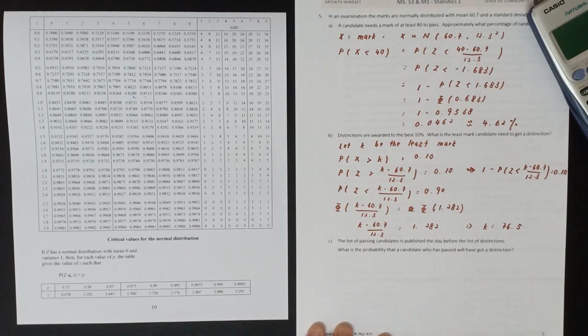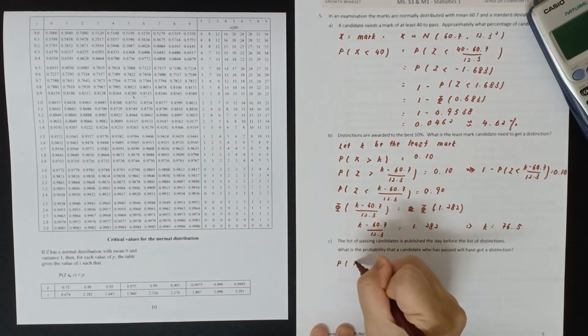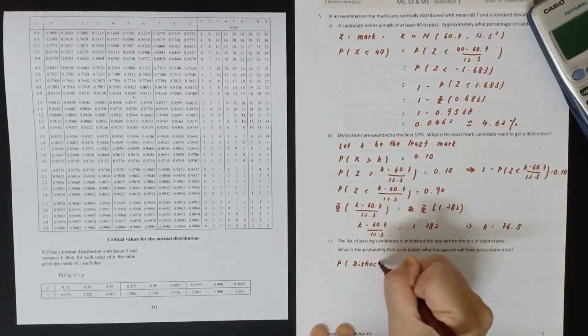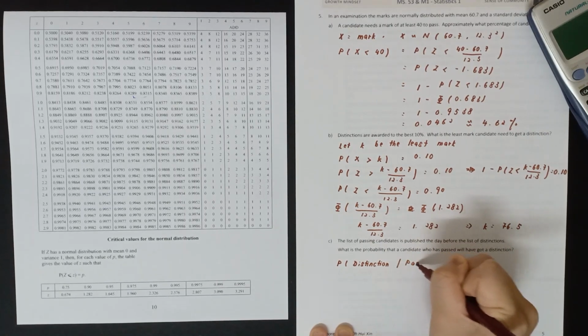So your sample space now actually becomes the candidates who had passed. Out of the candidates who had passed, you want to find the probability for the candidate to have a distinction. So what you are finding is the probability for the students to get a distinction given that they already passed.